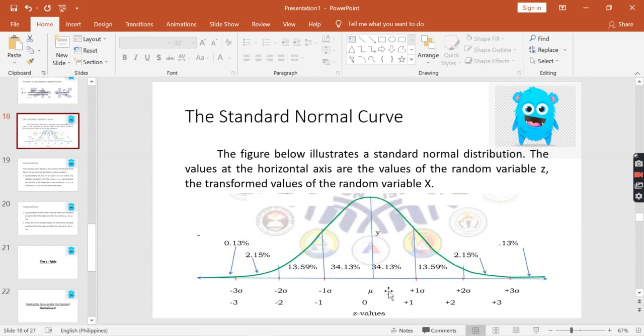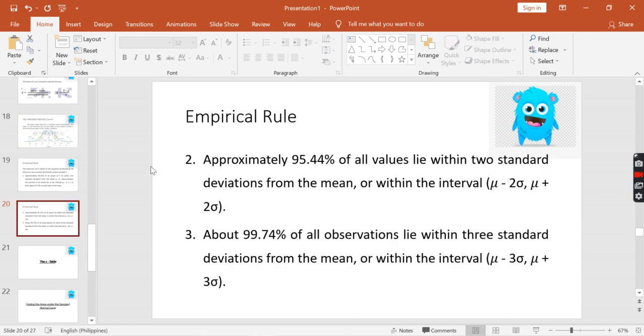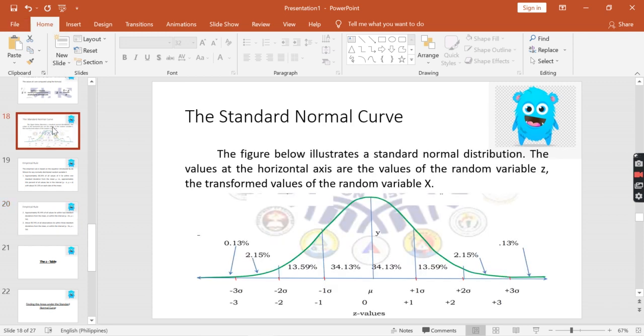Kapag tatlo yung standard deviation mo, 1, 2, 3, hanggang dito, and then kapag inadd mo raw dito, you will get a totality of 99.74. Now, sir, where is the remaining percent? So, nandito na yan, nasa labas na ng negative 3 and positive 3. Okay? So, that's the meaning of that.